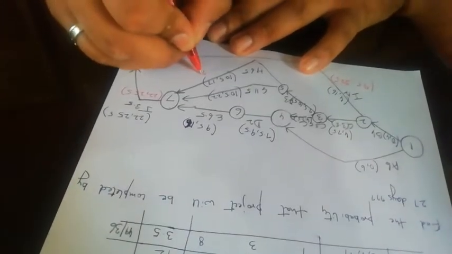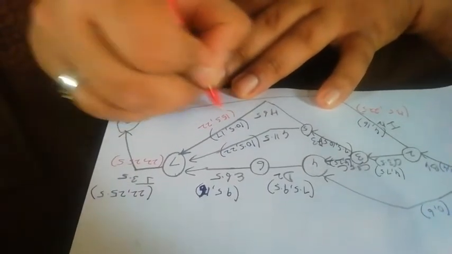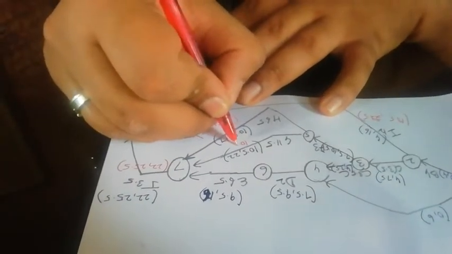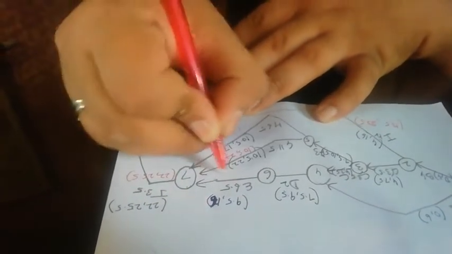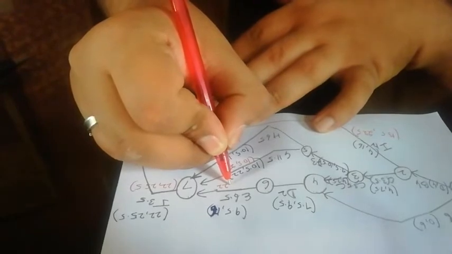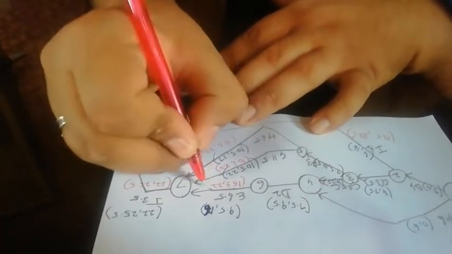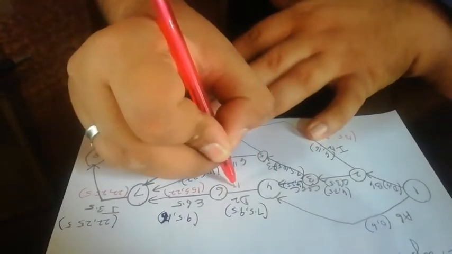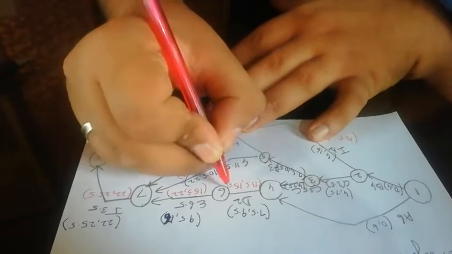H becomes 22 minus 6.5, so it will be 15.5. Then this becomes 15.5 minus 2, which is 13.5.